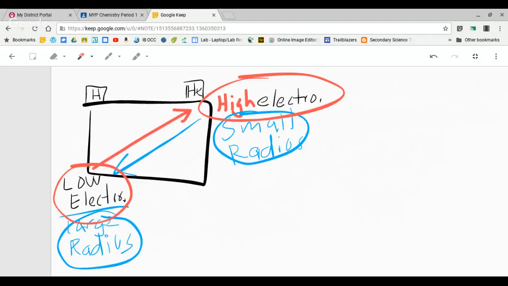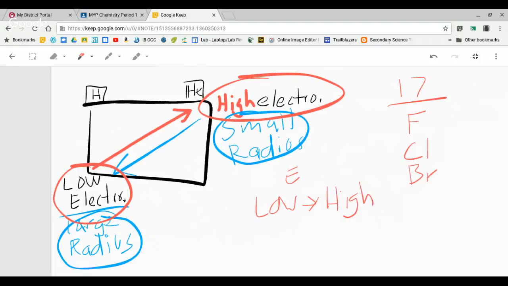All right, the other question was 11. And going back really quick before we leave 32. If you look at the elements, you just got to figure out what's the proper order. If they're in a column, in a group, just go by this trend and you'll be fine. For example, in group 17, you have F, Cl, and Br. If you were going from lowest to highest electronegativity, what's the order?